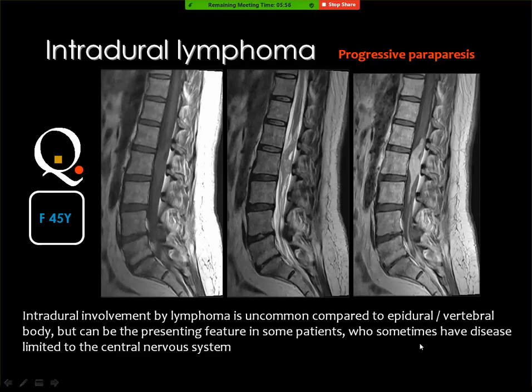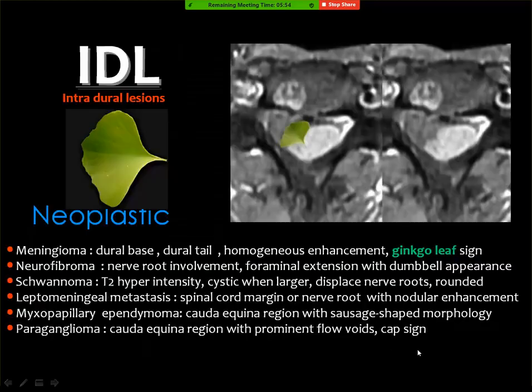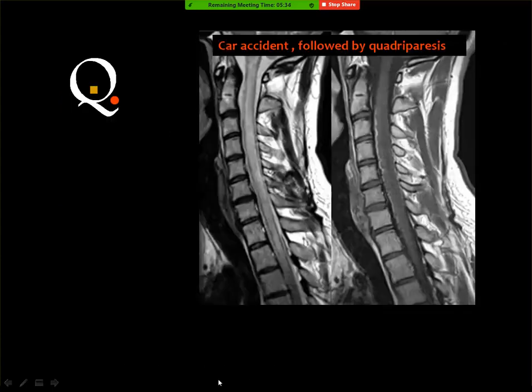Then you mention the non-neoplastic lesions. And here are the neoplastic lesions which do not include lymphoma: meningioma, neurofibroma, schwannoma, metastasis, and ependymoma. Of course, paraganglioma is written in the literature, but is not frequently seen in the clinical practice.